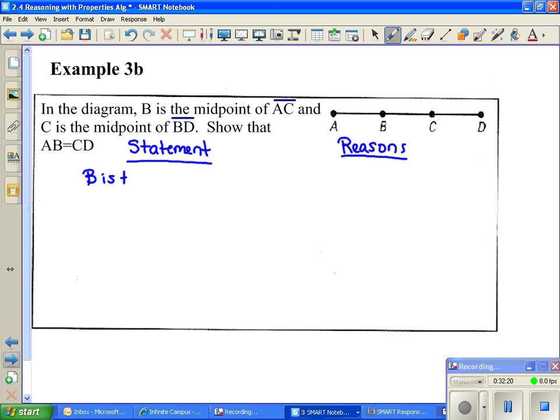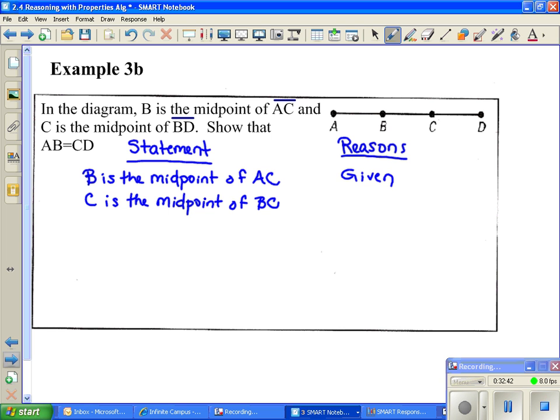All right, what is given? B is the midpoint of AC. All right, and another one, C is the midpoint of BD. All right, and the reasons for those are they are given.